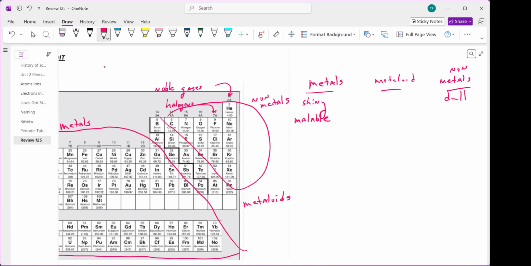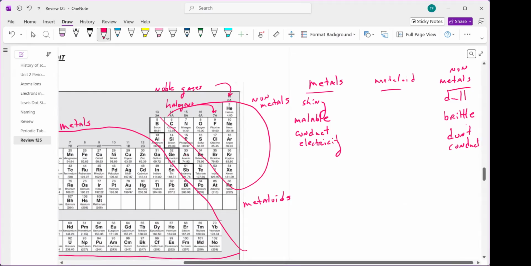Metals are malleable, means you can bend them, shape them. Nonmetals are brittle. Metals conduct electricity. Nonmetals don't conduct electricity. And these are the most common characteristics of metals and nonmetals.